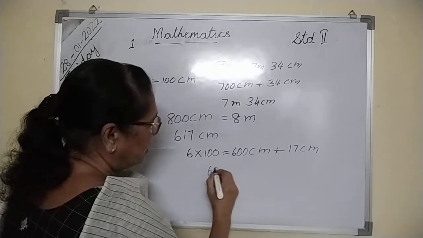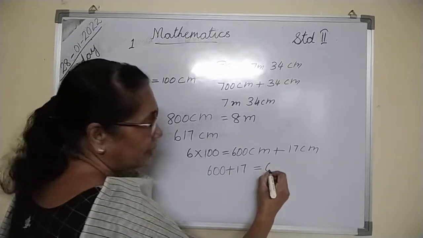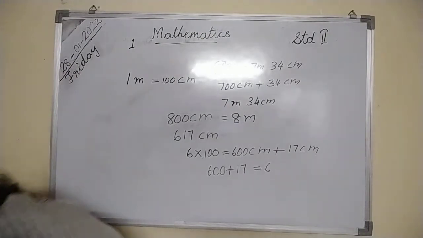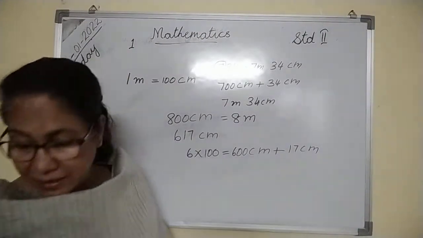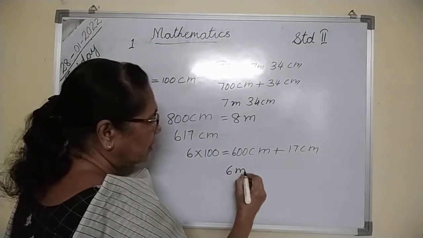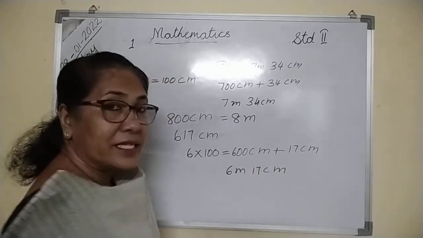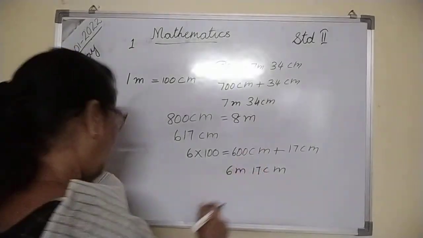So 600 plus 17, you will get how much? 617, isn't it? This you don't have to do again, okay? So 600 centimeters is equal to 6 meters. And how many centimeters? 17 centimeters. This is for you to understand. I did it, okay? Now one more I will show you here.